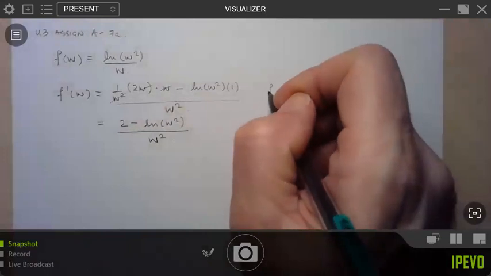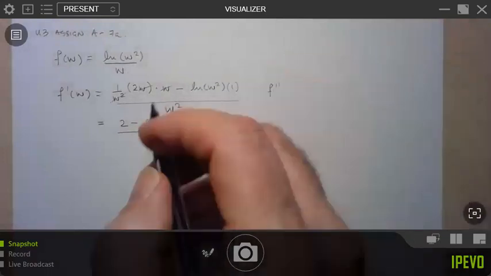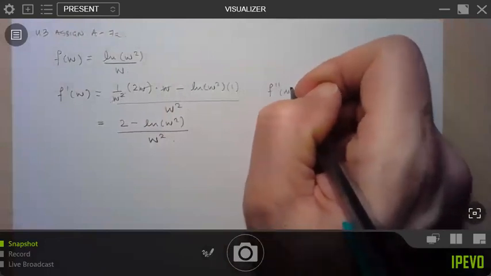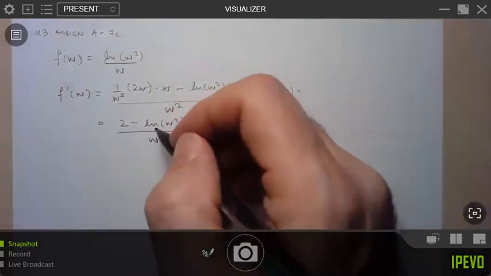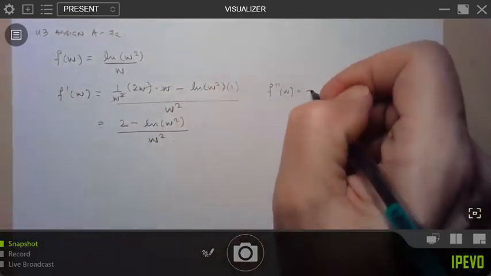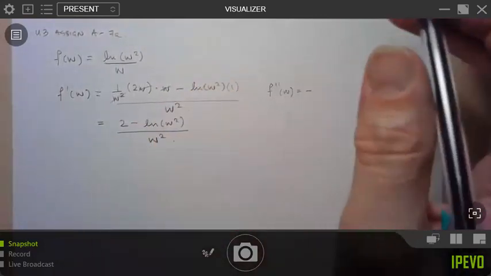All right, let's take the second derivative. It makes sense to do that here from the simplified version. Obviously the derivative of the numerator, that 2 is just going to disappear, so it's going to be negative. Now the derivative of this thing here, well, we already took it.